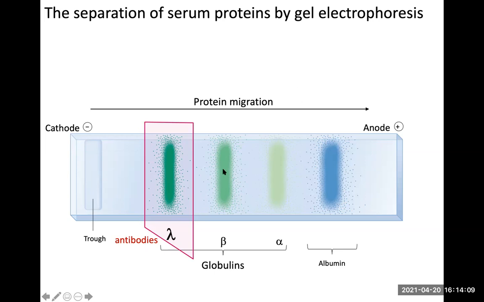And then these bands will be a different type of globulin called beta and a different type called alpha. They have different functions. And then lastly, we have our albumin. Remember, albumin is a molecule that is a carrier of things in your blood. So super important. And you've probably talked a lot about albumin in your physiology class. I don't think we talked about it much in our micro class.